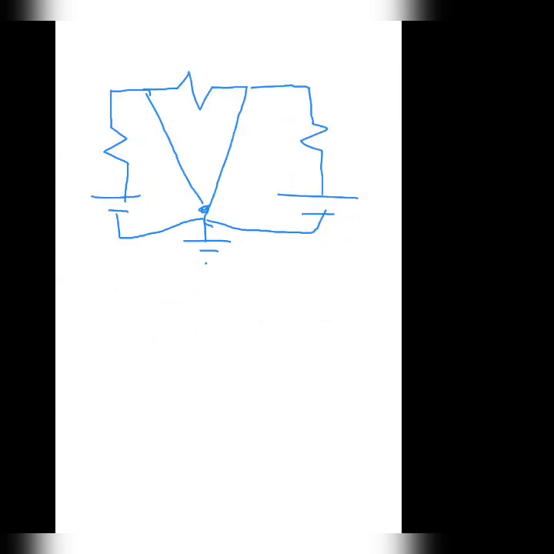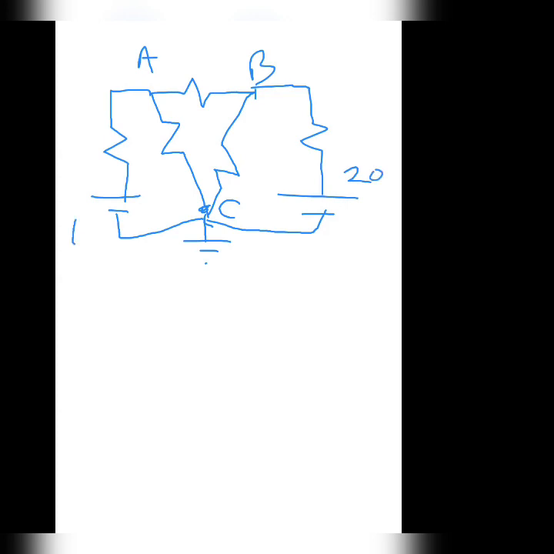So suppose this is the circuit in which a few resistances are given and a few voltage sources are given. Suppose this node is given A, this is given B, and this is assigned C, and this is 20 volts, and let this be 15 volts.